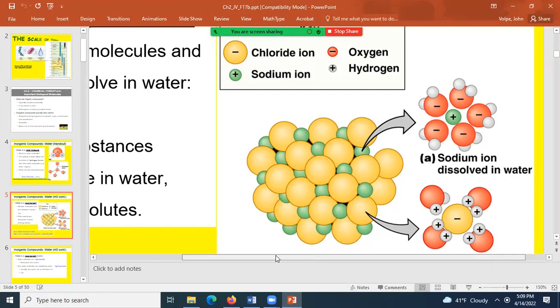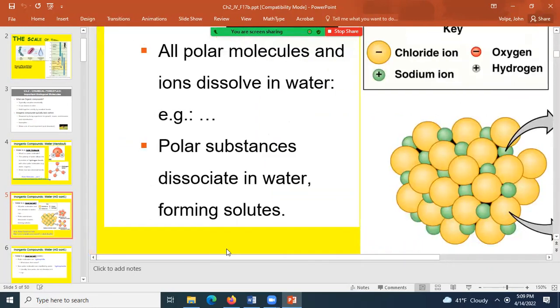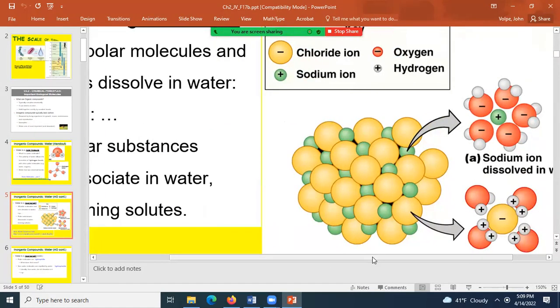The same thing happens for polar molecules. When you have a sugar crystal and you put it in water, the sugar will have partial positive and partial negative regions of the molecule.